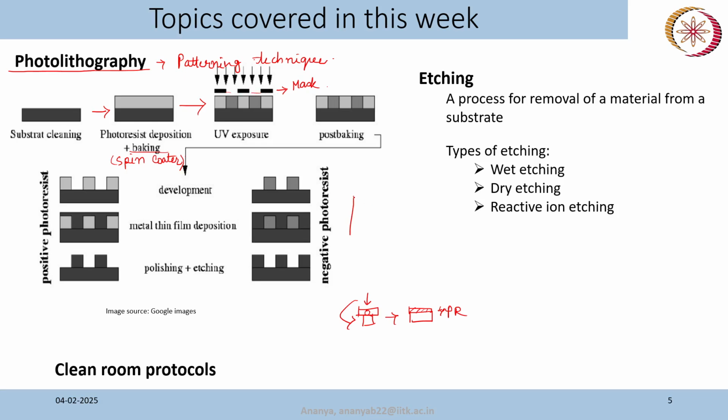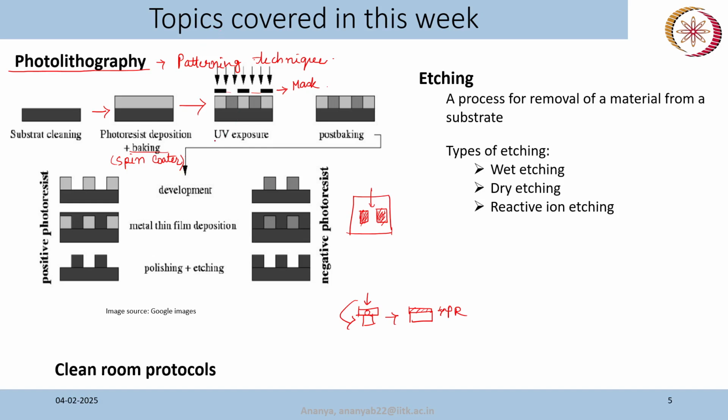I will give you an example. It will be like a glass, with some dark areas which are chromium, and some bright areas. Light will pass through the bright areas, and will not pass through the chromium areas, the dark areas.